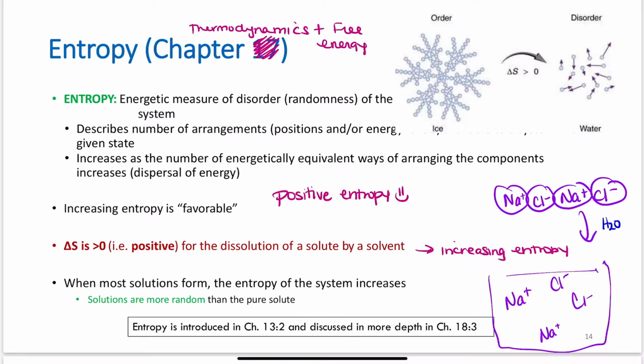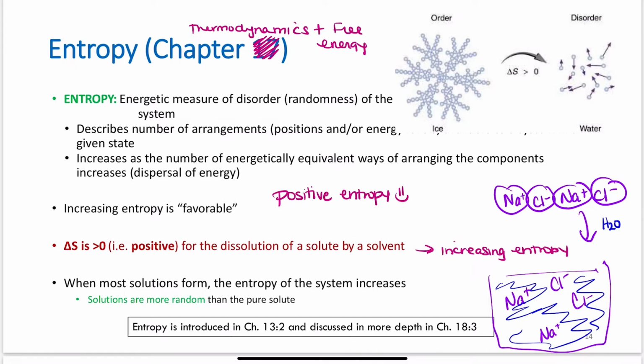I've increased the number of states those are in. It's all floating around in water. I've increased the disorder. Instead of one crystal of sodium chloride, I now have multiple ions floating around. So delta S is greater than 0, or positive, when I dissolve a solute in a solvent.